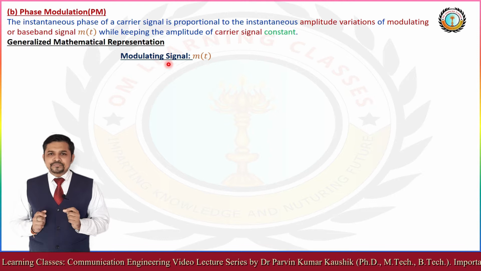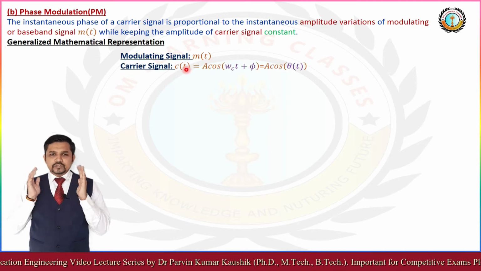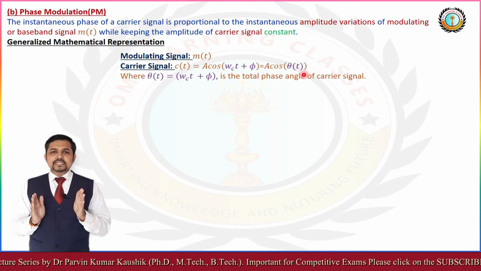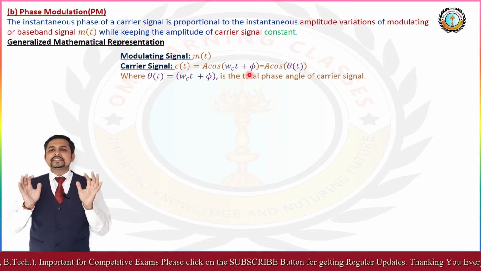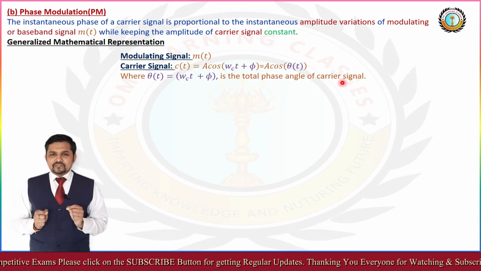In this we have the modulating signal m(t), the carrier signal c(t), which is equal to A cos(omega_c t plus phi), and omega_c t plus phi represents the total phase angle of the carrier wave.